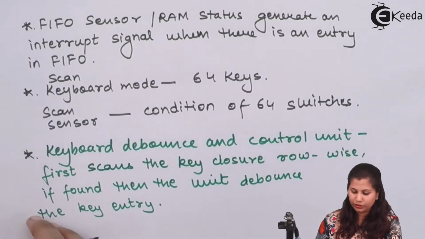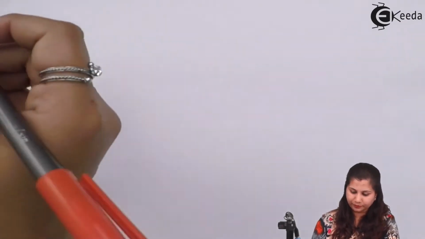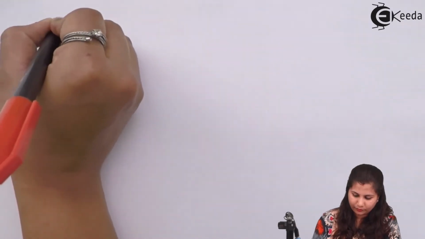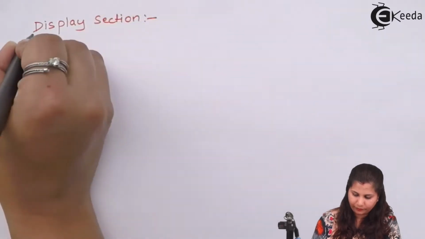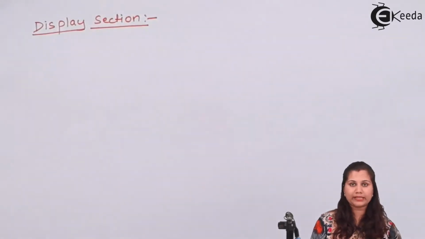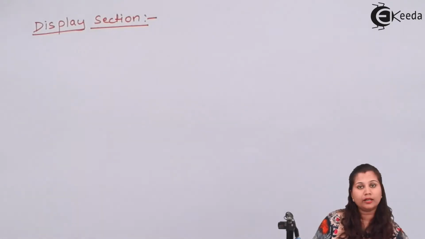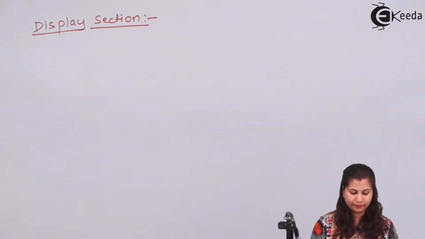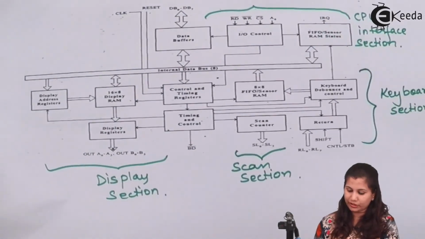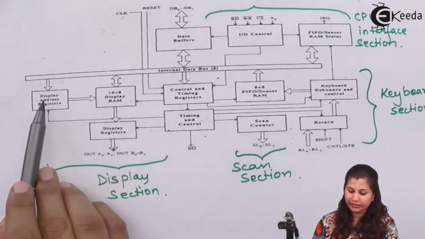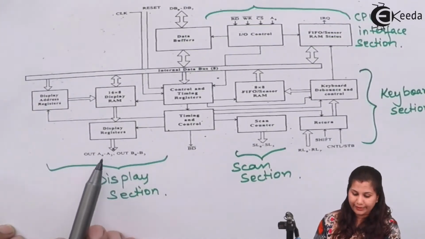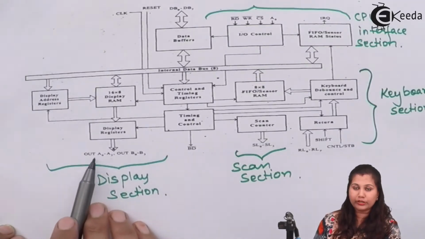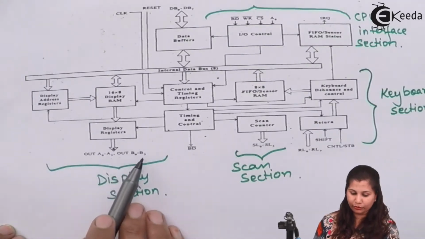Now let us come to the next section, which is the display section. If we see the block diagram, you can see that the display section consists of the display RAM, the display address registers and the display registers, and it has two groups of lines, out A0 to A3 and out B0 to B3.